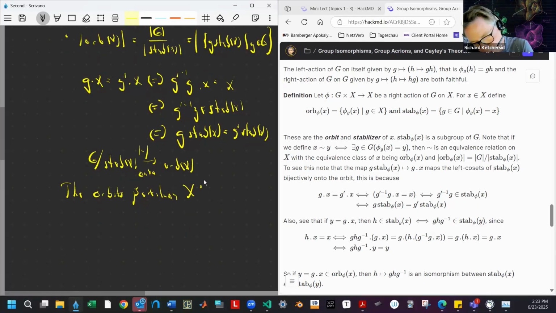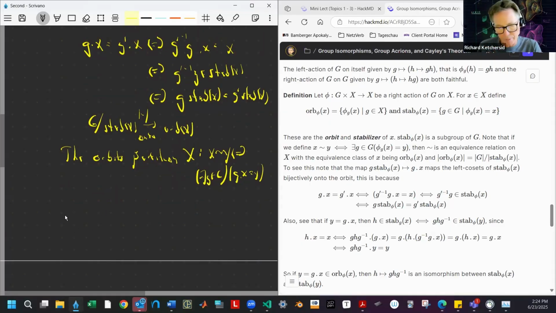And one way to see this is if we define a relation x equivalent to y if and only if there exists a g in G such that g dot x is y. So those are the orbits. Then you can check easily that this is an equivalence relation, and so the equivalence classes are just the orbits. And that tells us that this number is the same no matter which representative of the orbit we choose.